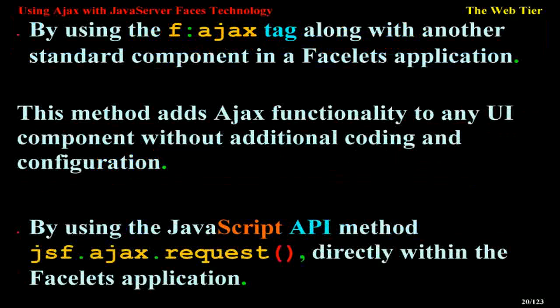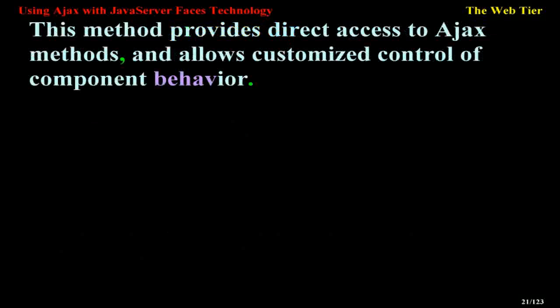By using the Ajax tag along with another standard component in a facelets application, this method adds Ajax functionality to any UI component without additional coding and configuration. By using the JavaScript API method jsf.ajax.request directly within the facelets application, this method provides direct access to Ajax methods and allows customized control of component behavior.